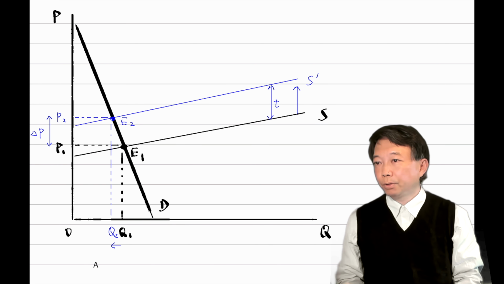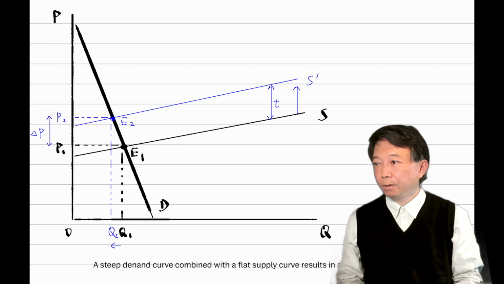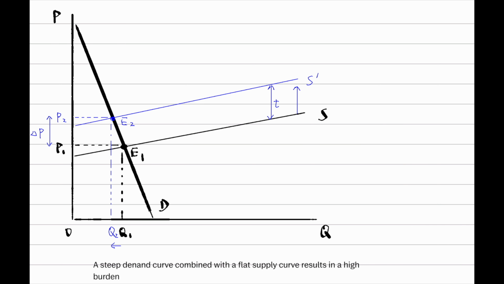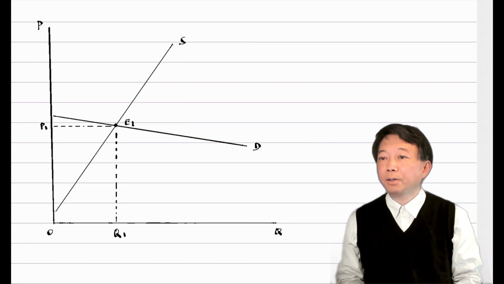The tariff-induced price increase, delta P, is large, nearly reaching the full tariff T. By contrast, if the demand curve is flat and the supply curve is steep, consumers bear a smaller proportion of the tariff, as shown in this graph.